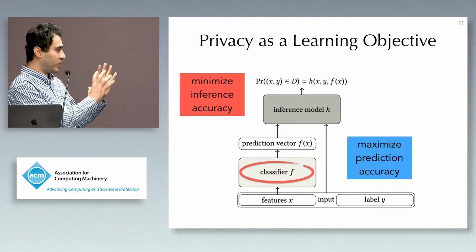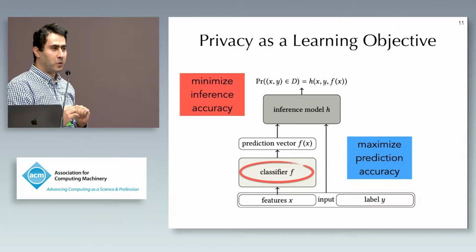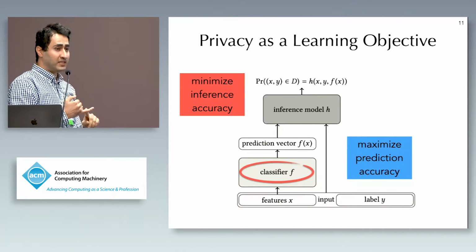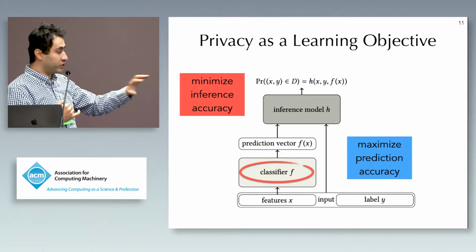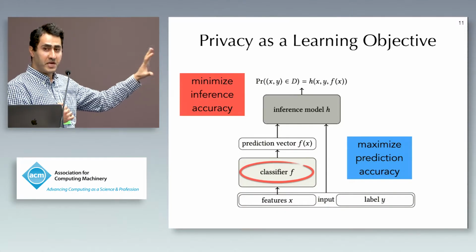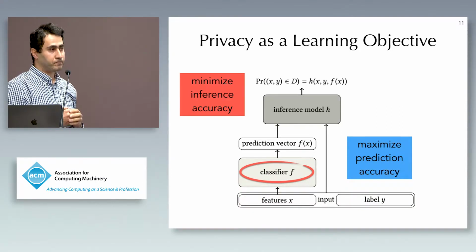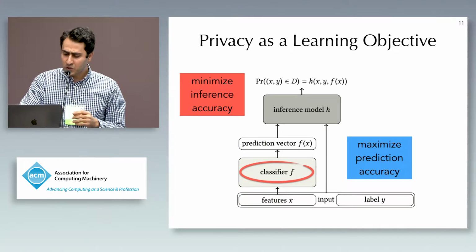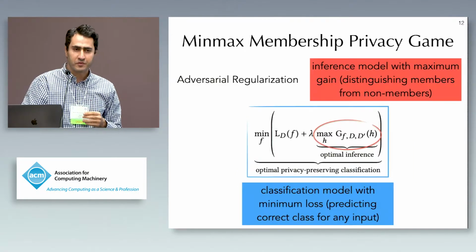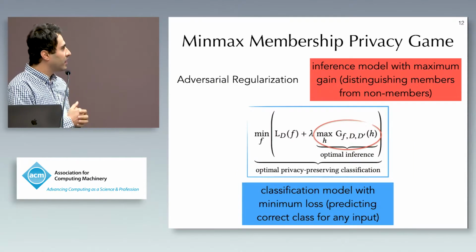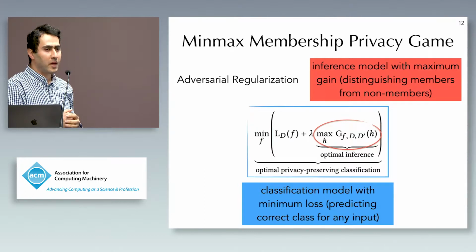We train the classifier F in a way that it not only maximizes the prediction accuracy of F, but also minimizes the accuracy of the inference attacker. All right? Okay, so to solve this optimization problem, there's a classic approach in game theory, which is called a min-max game.